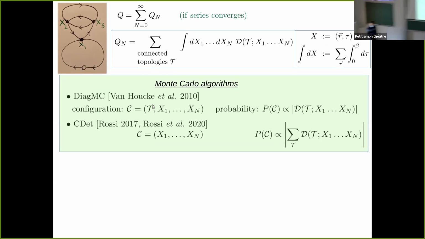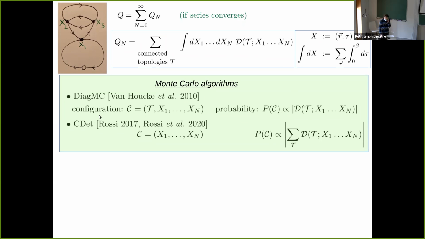So here you typically pick a propagator line and then two propagator lines and propose to exchange the endpoints, for example. And then the Monte Carlo weight is just taken as the absolute value of this integrand.